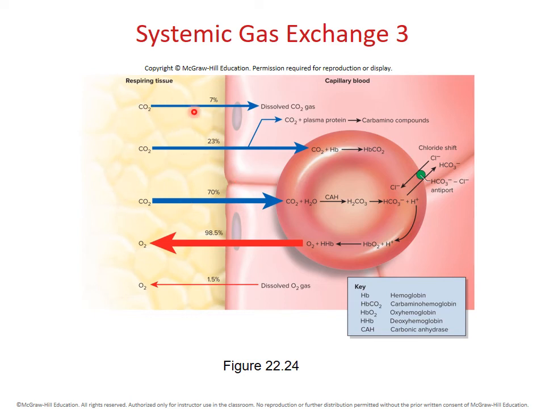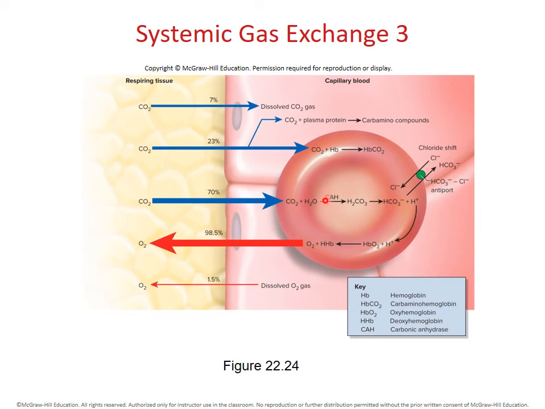Remember, in terms of the amount that actually diffuses, it's 7% diffusing from the tissues and then ending up dissolved in the plasma as carbon dioxide. 23% of the diffusing carbon dioxide ends up as carbaminohemoglobin, carbon dioxide bound to hemoglobin, and 70% of the diffusing carbon dioxide ends up going through this reaction inside the red blood cell to produce carbonic acid and then bicarbonate.